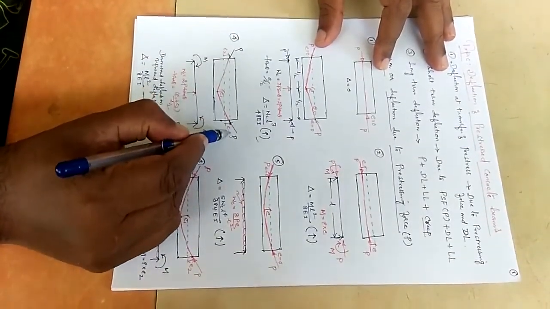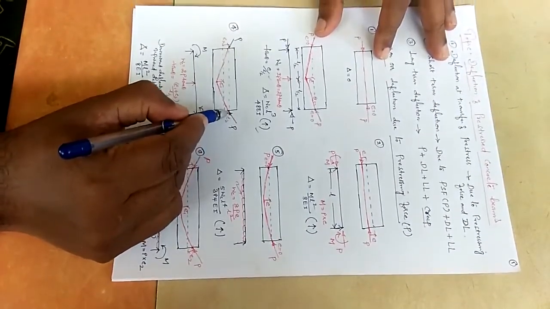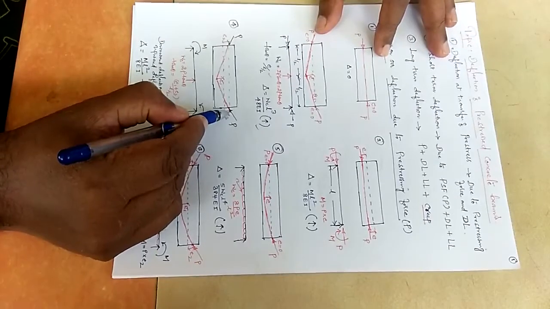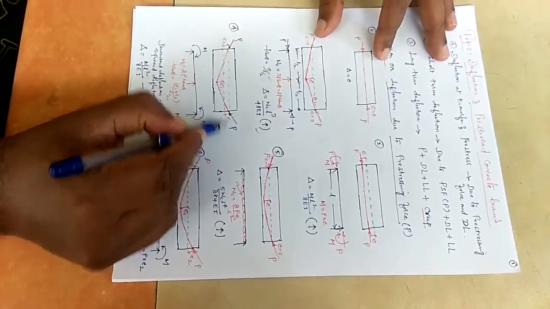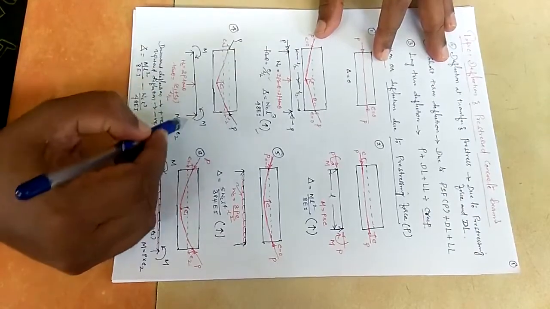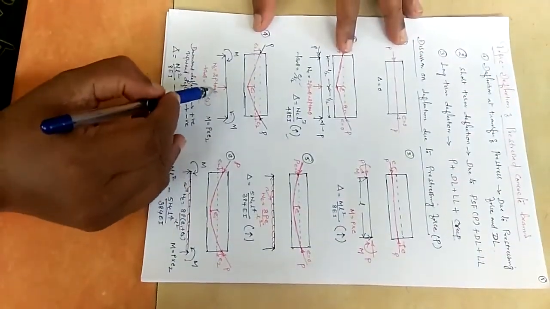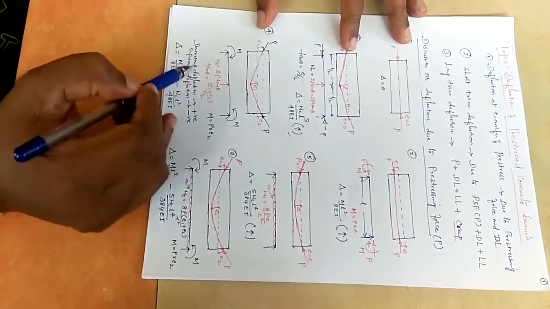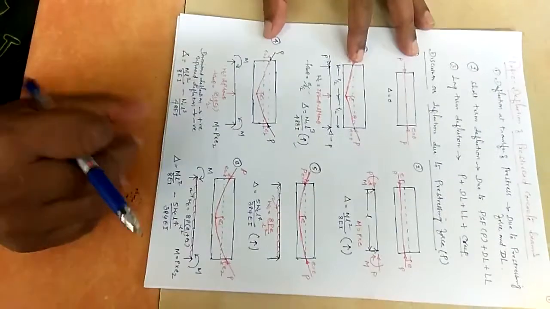P is almost horizontal. It looks inclined, but theta is very small. Once theta is small, cos of that small angle is almost equal to 1. That's why P into e2 is the moment. This is responsible for deflection, this is also responsible for deflection. This will create upward deflection, this will create downward deflection.